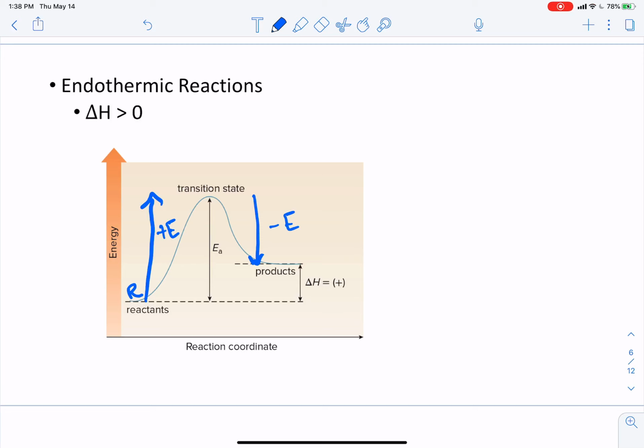So the delta H is positive because the delta H is the difference between this guy and this guy right here. So the delta H is a positive value because that one is bigger than that one. And if you add a very large positive value to a small negative value, you'll have a net positive value. So we have that delta H is greater than 0 here, okay?